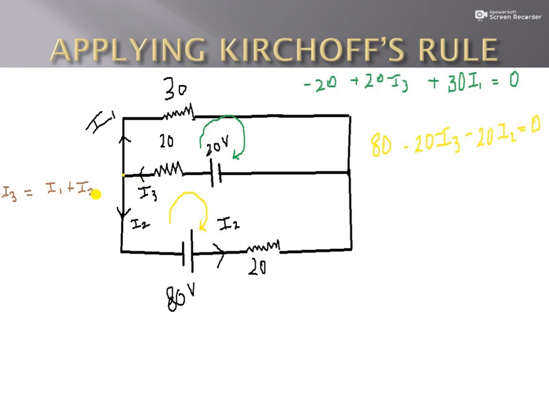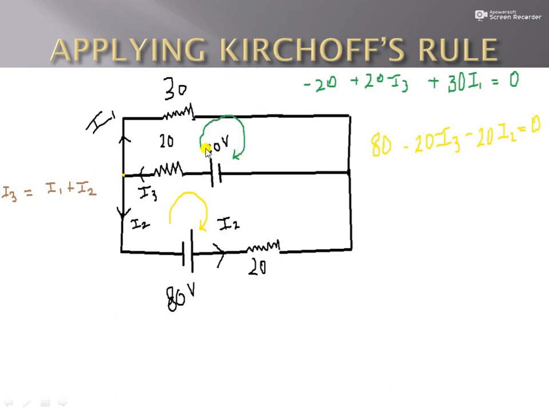Now the most important part, the loop rule. Here it is a closed path or a closed loop. The first thing that you have to do is assume the direction of the loop, either clockwise or anti-clockwise. It totally depends on you. There is no compulsion of using clockwise only or anti-clockwise. But you have to apply the sign convention properly, and you will get the answer.